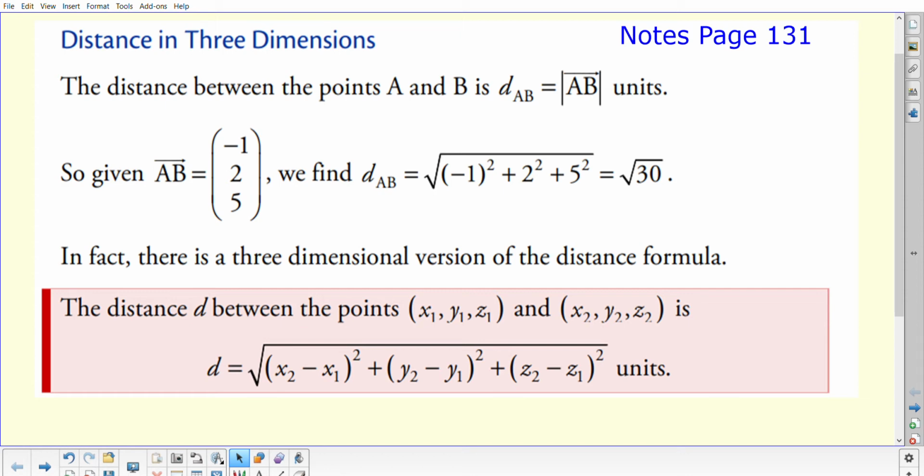So you're basically subtracting your x's, squaring, and do the same thing with your y's and your z's, squaring, and then adding them, and then taking overall the square root.